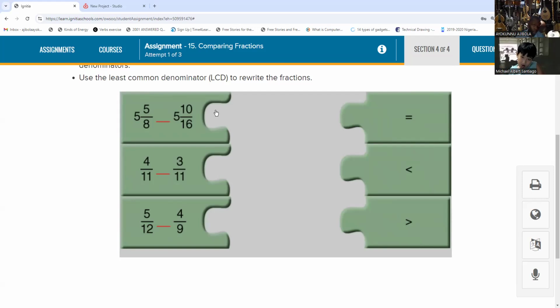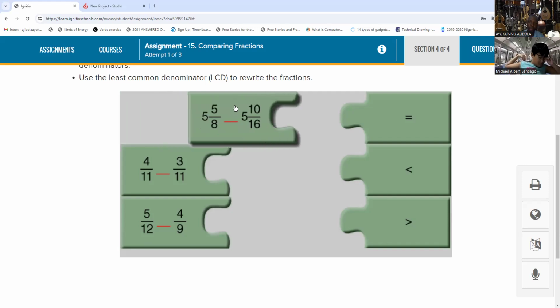Then if I reduce this, the LCM is 16. So how many 8s in 16? That is 2. 2 times 5 is 10. So that means this one is 10 over 16. And the second one is also 10 over 16. So they are equal, yes or no?